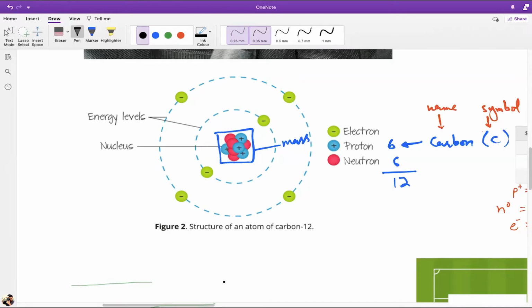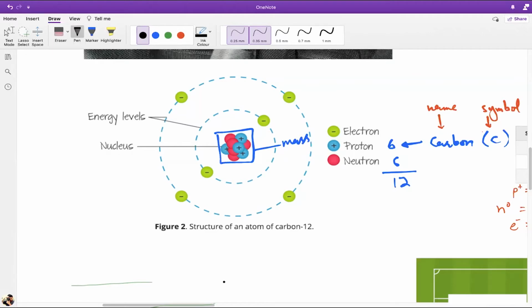So that's just an idea that you need to remember, that whenever the word relative comes in, it's going to be compared with carbon 12, the isotope of carbon that has mass of 12 in it, which means that when I say lithium has a mass of 4, then what I'm actually saying is that that lithium atom or that isotope of lithium is 1/3 the mass of carbon 12, because carbon is 12, so 3 lithium will equal 1 carbon 12 or something like that.